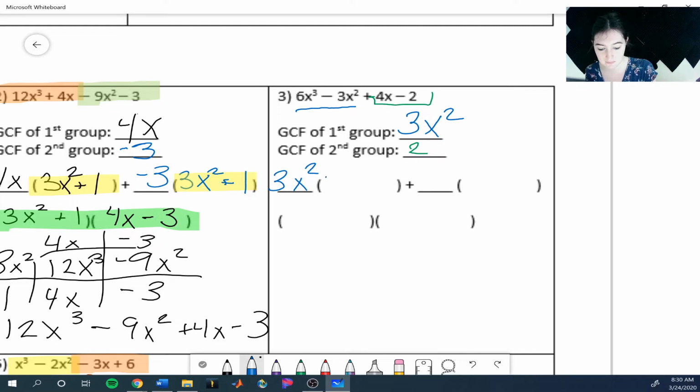Good. X cubed, I have 3, I'm taking away 2. How many do I have left? 1. So I just have x. Now negative 3 divided by 3 is negative 1. X squared divided by x squared, they're gone, so I just have negative 1.